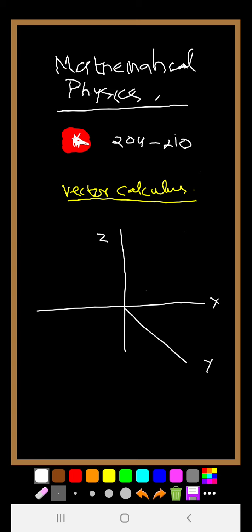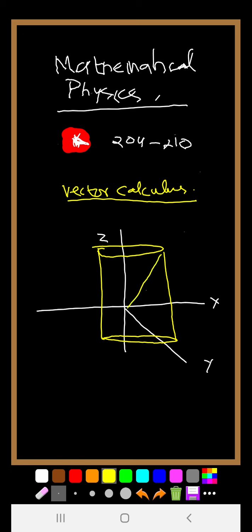Now in cylindrical coordinates, what happens is that if you form a cylinder, the cylinder will be formed by a position vector which we call r. This position vector revolves around with an angle, which we call theta, and it has a certain distance from the base, that is z.